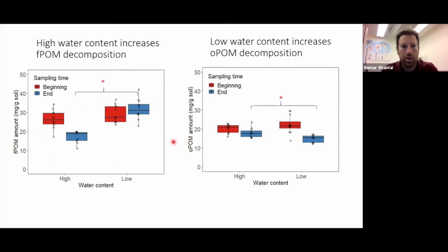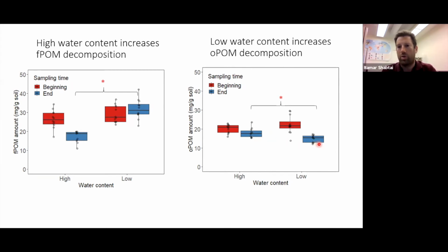And looking into further detail, we can also look at the amount of POM in the free and occluded pools with the different water contents. So we can see that the high water content treatment increased FPOM decomposition because of this difference in the end time point of the FPOM content, whereas low water content increased the decomposition of OPOM.